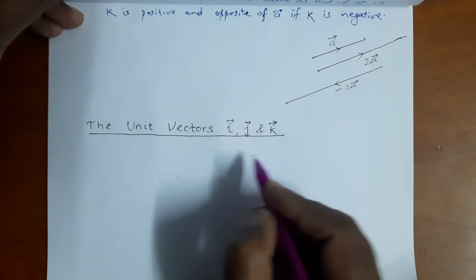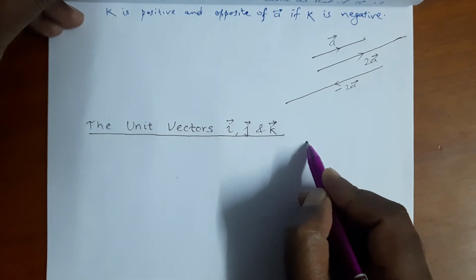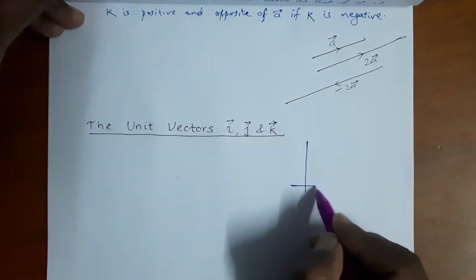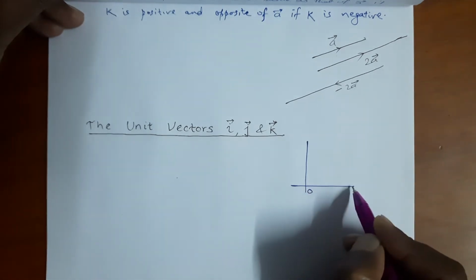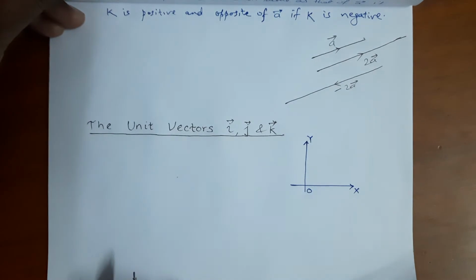So for this, let us take two mutually perpendicular straight lines OX and OY.